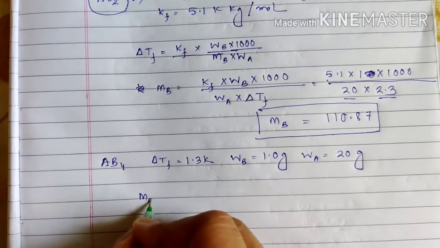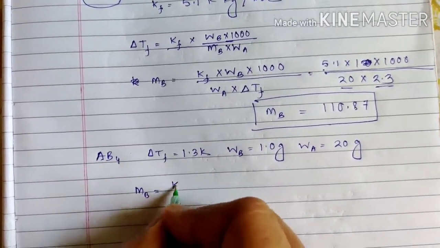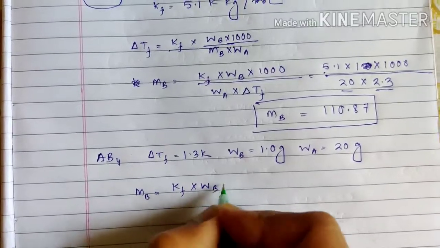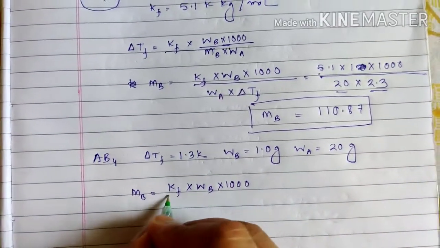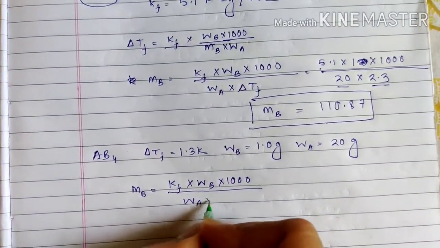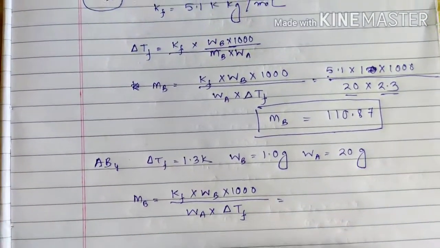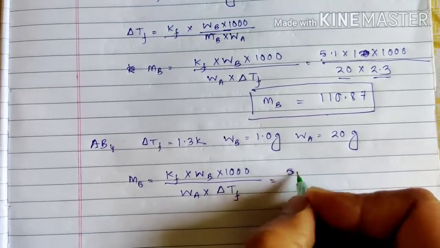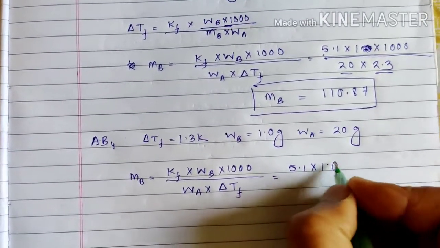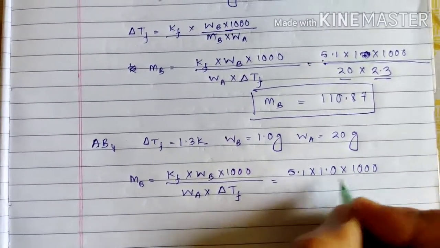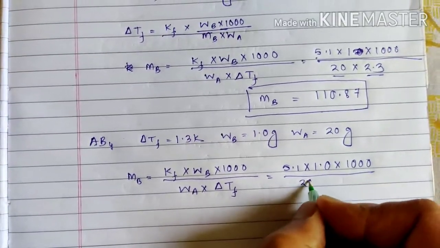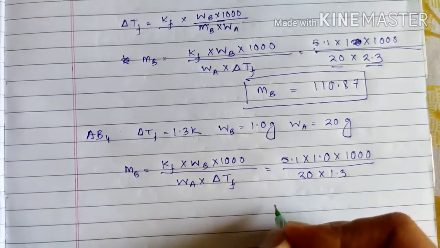So similarly, MB should be equal to Kf into WB into 1000 divided by WA into delta Tf, which is 5.1 into 1.0 into 1000 by 20 into 1.3.